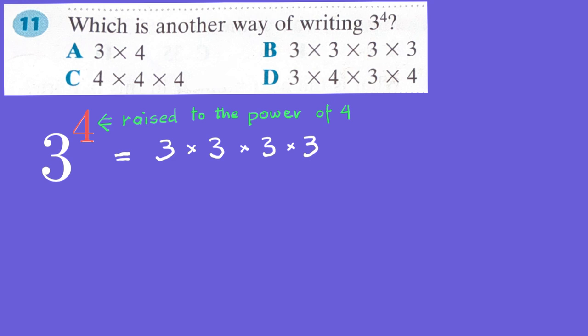For instance, and just for fun, let's pretend we have an icy pole and it's raised to the power of 4. How would we write this? Icy pole times icy pole times icy pole. How many icy poles? 4, because it's been raised to the power of 4. The answer we'll highlight is B.